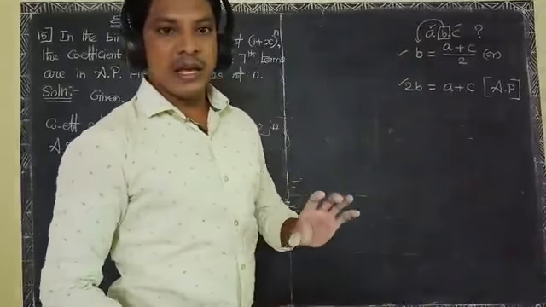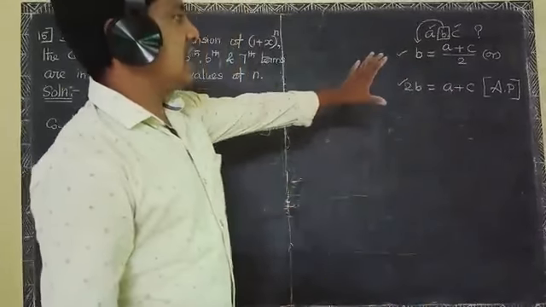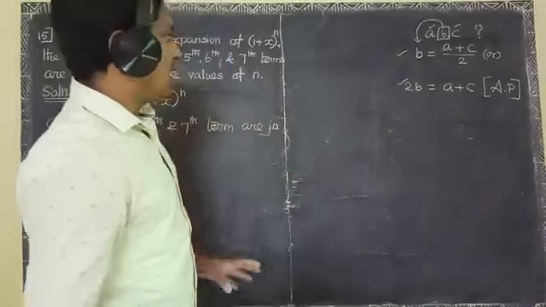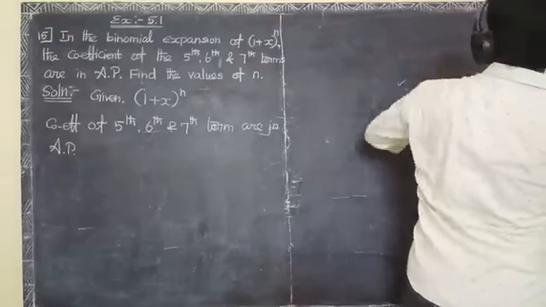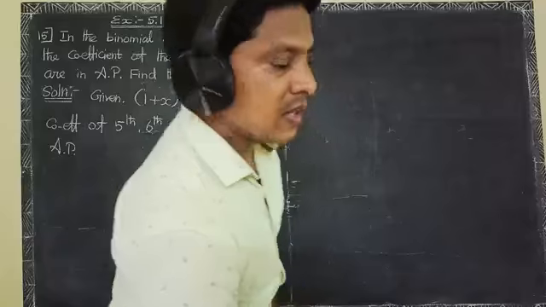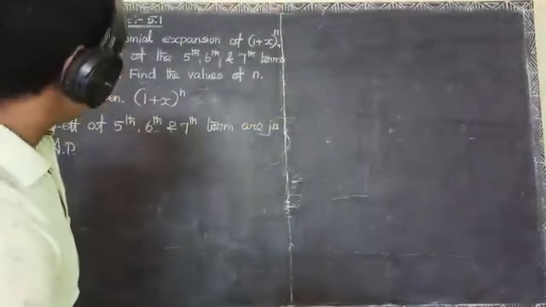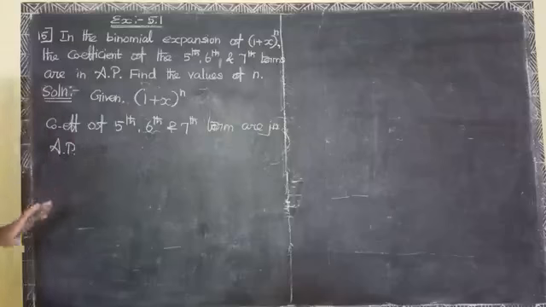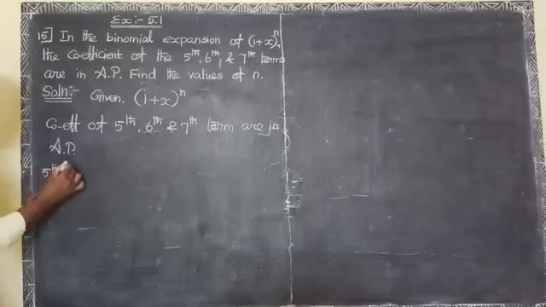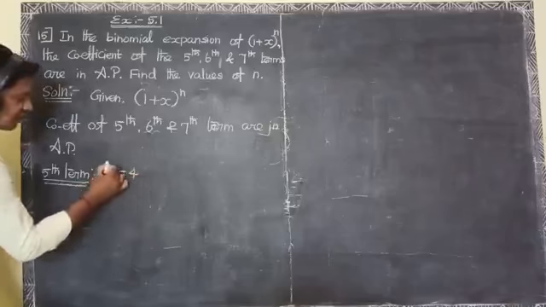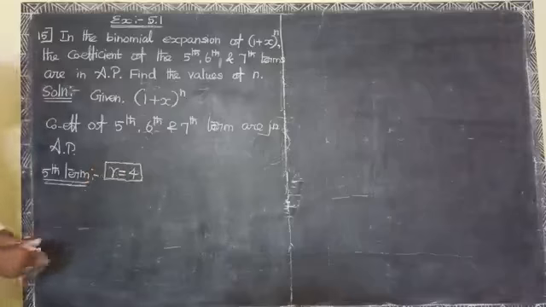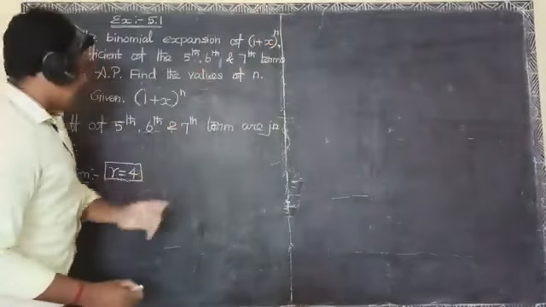Using this condition here, first the coefficient of the fifth term. Fifth term means substitute r = 4, we get the fifth term of the expansion (1 + x)^n.